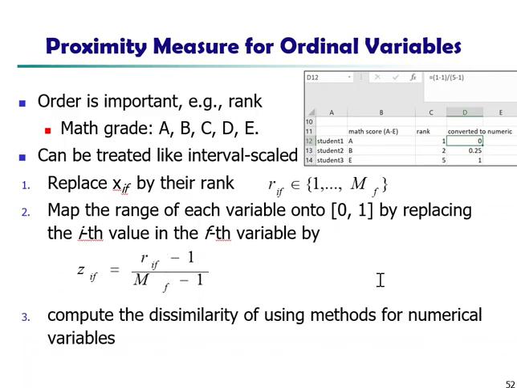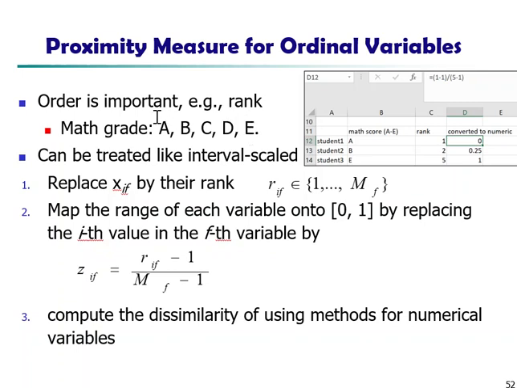So the next topic we're going to cover: we covered binary, nominal, and numerical data. What about ordinal variables? How do we measure the similarity between ordinal variables? Let's first review what ordinal variables are.